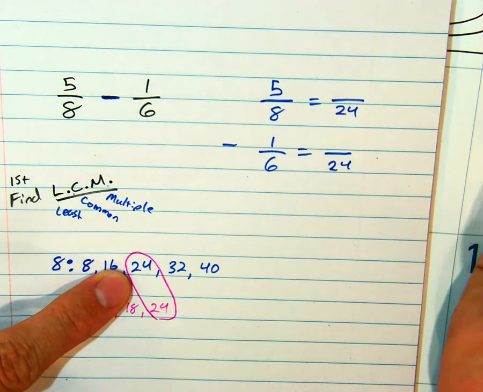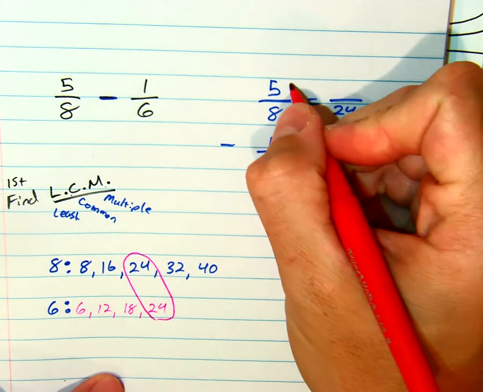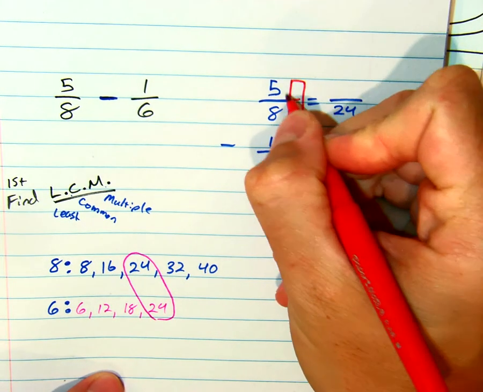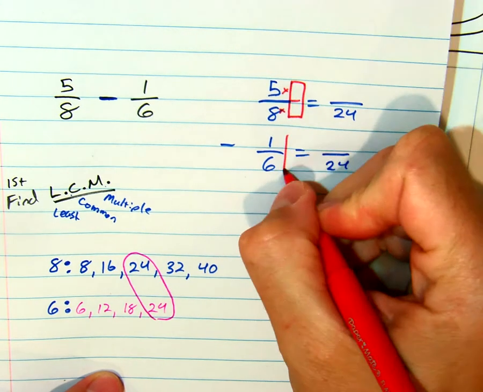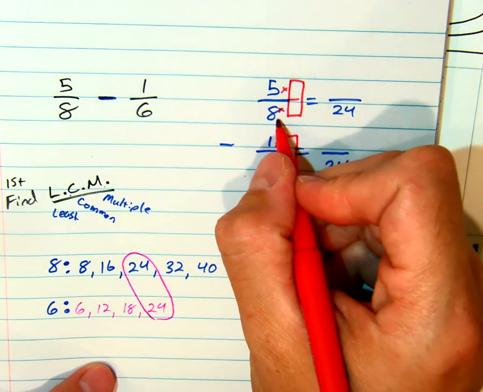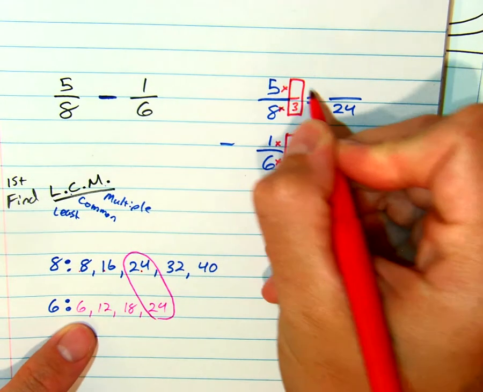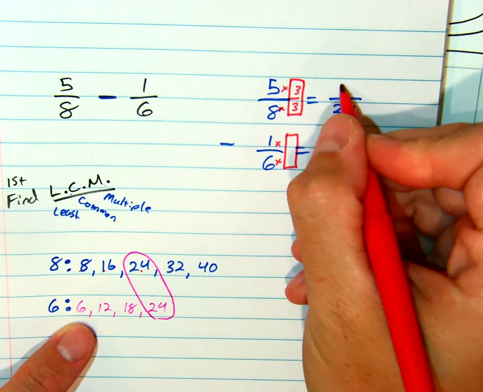All right. So how are we going to go about doing that? Well, we need multipliers. We need a multiplier. So ask ourselves, how do we go from 8 to 24? 1, 2, 3. 3 is my multiplier. 5 times 3, 15.